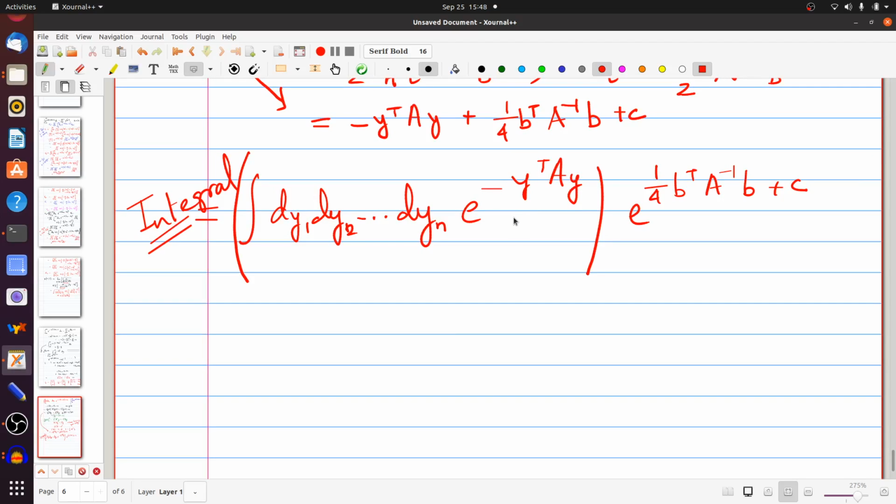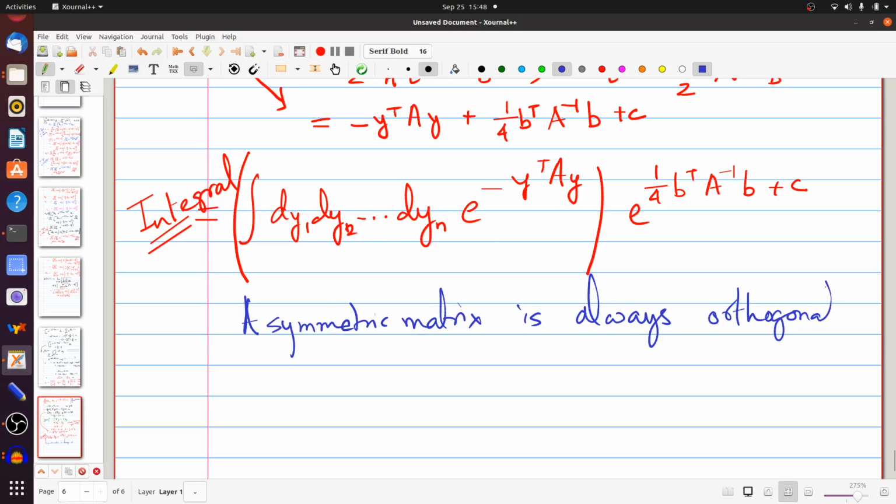This is where a very important result comes in handy, which is that a symmetric matrix is always diagonalizable. And not only is it always diagonalizable, it's always orthogonally diagonalizable.